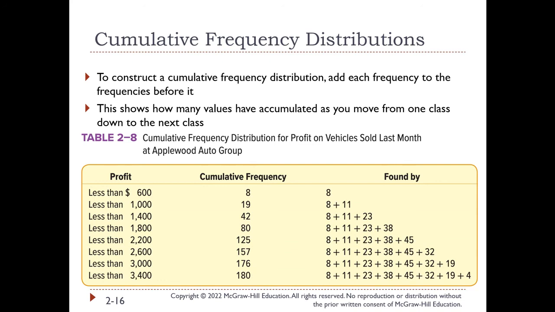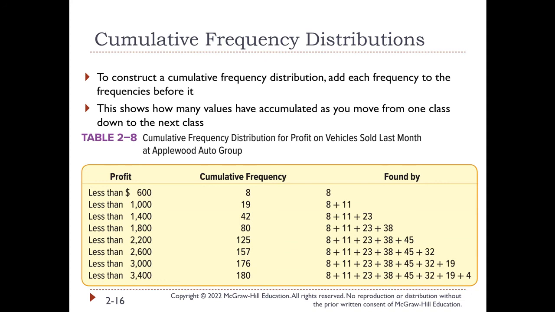That's going to change when we look at less than 1,000: we have the 200 to 600 range, sorry, that was 8, plus the 600 to 1,000 range, which was 19.